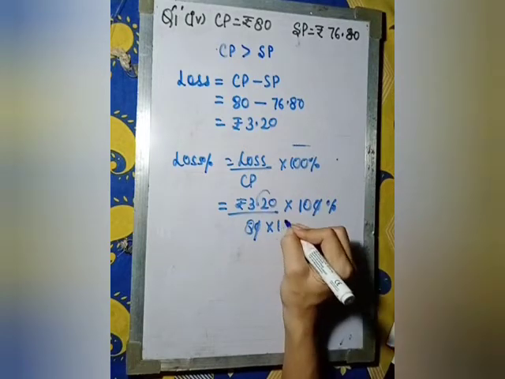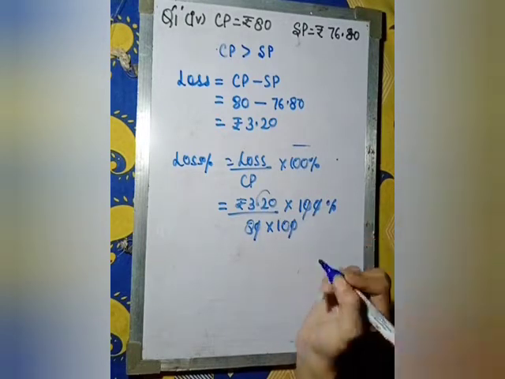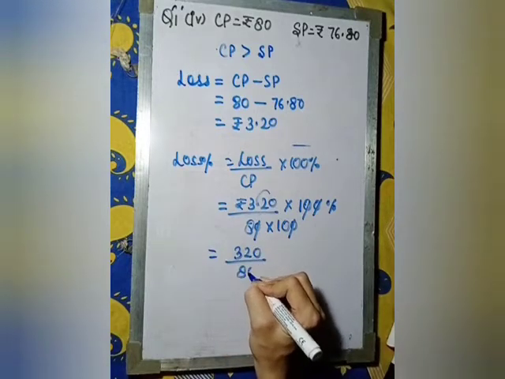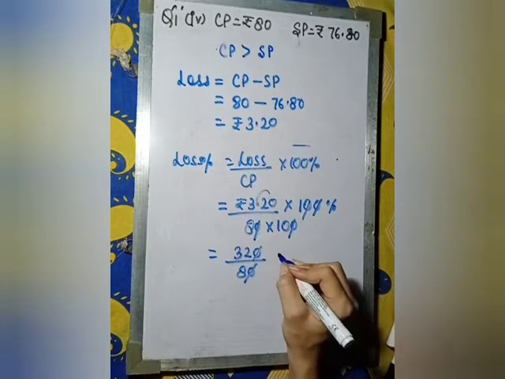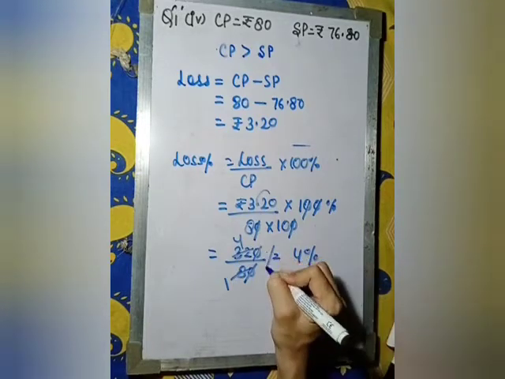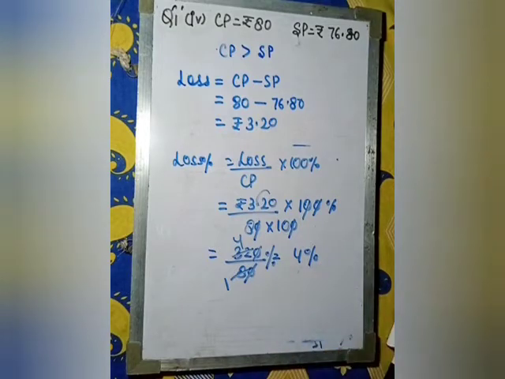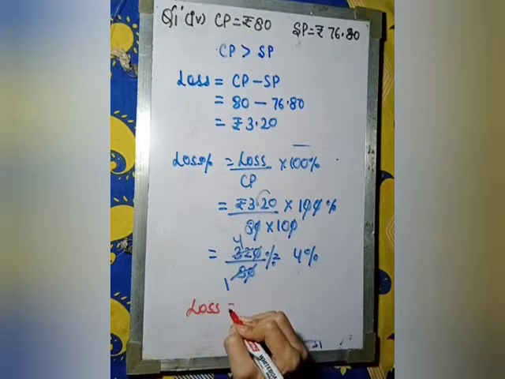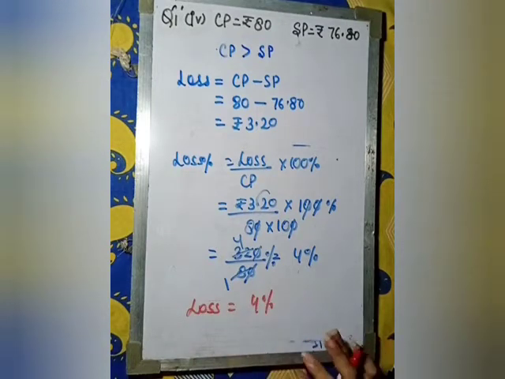Decimal point हटाया. So we have 320 upon 80. 8 ones are 8, 8 fours are 32. So, कितने परसेंट का लॉस हुआ? The loss percent is 4%. Isn't it easy? Now look at question number 2.